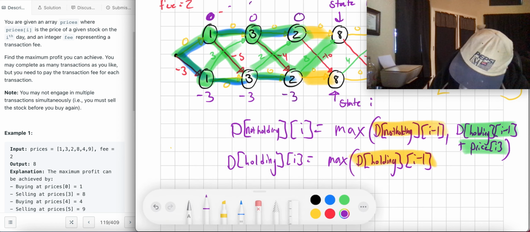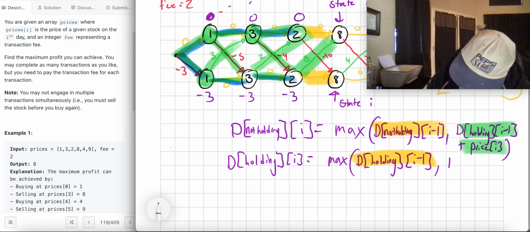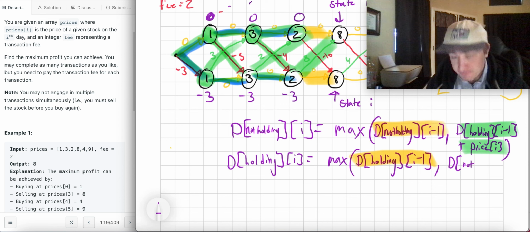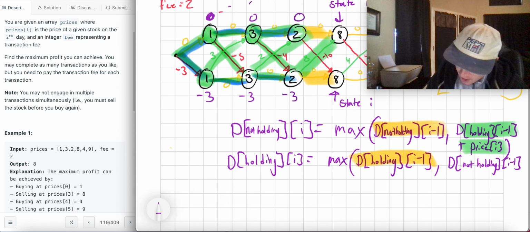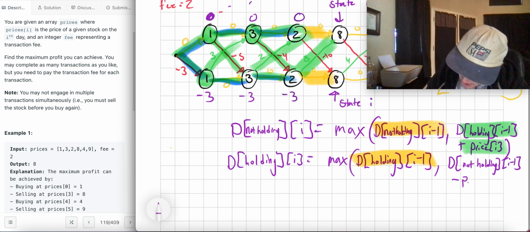Or I decide that I'll go from a previous day where I wasn't holding. So however much money I have at the previous day if I'm not holding, minus the price of this day, because that's the amount of money I'm going to have to spend to buy this stock, minus the fee.